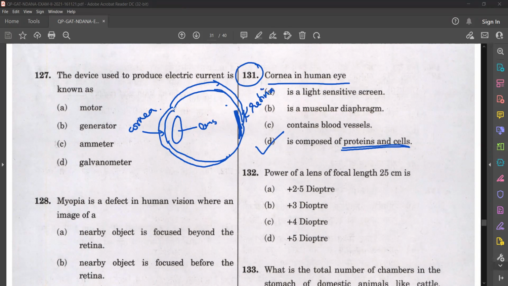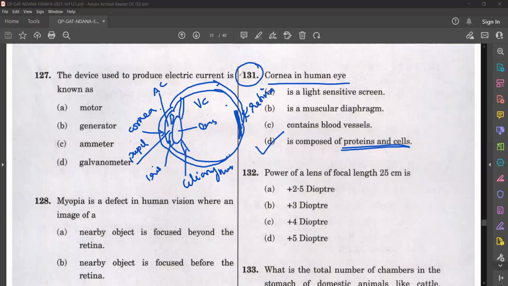Then we have the iris, and the pupil. Ciliary muscles. Then this is the vitreous chamber. This is the aqueous chamber. So this is the basic structure of the eye.